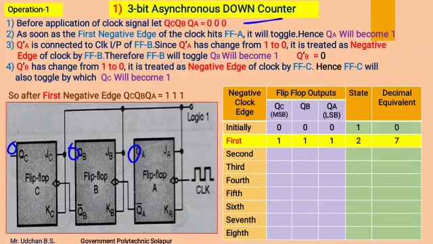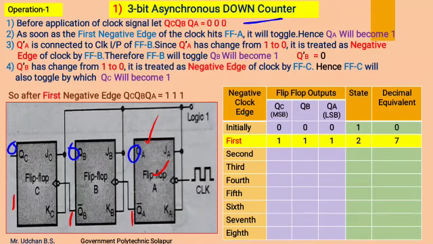Now here we will write down the complementary outputs of the flip-flops also. As QA is 0, QA complement will be 1, QB is 0, QB complement will be 1, QC is 0, QC complement will be 1.